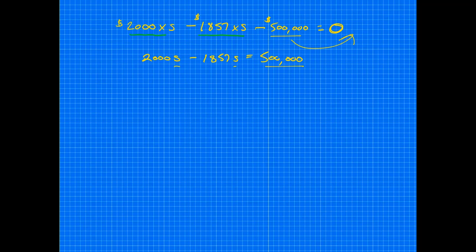2,000s minus 1,857s equals 143s equals 500,000. How do you solve for S? Remember, it's division at this point.